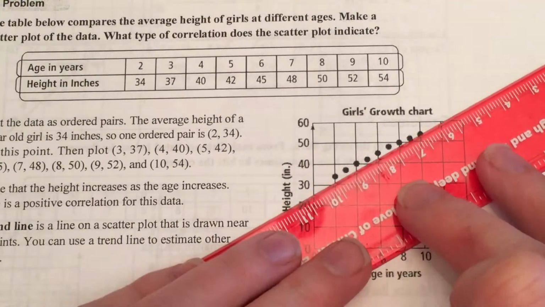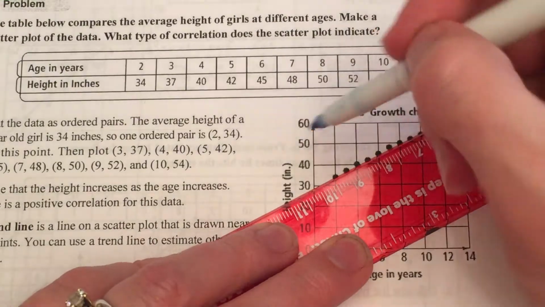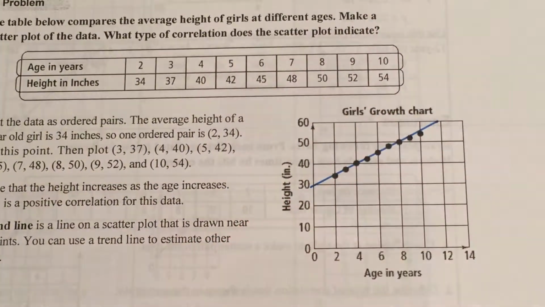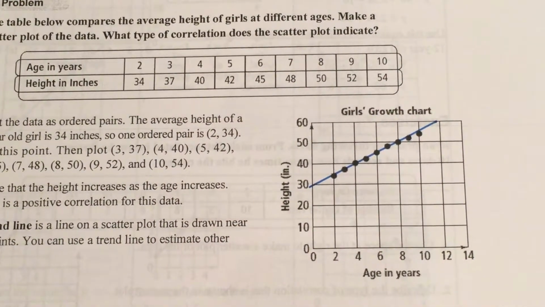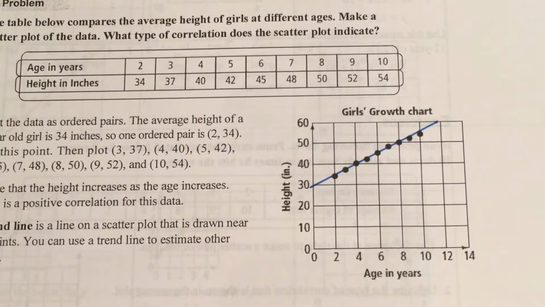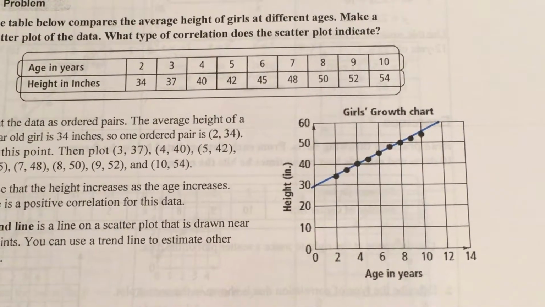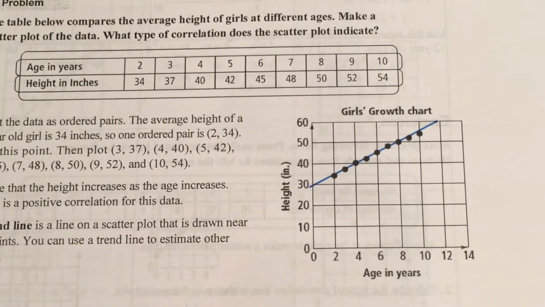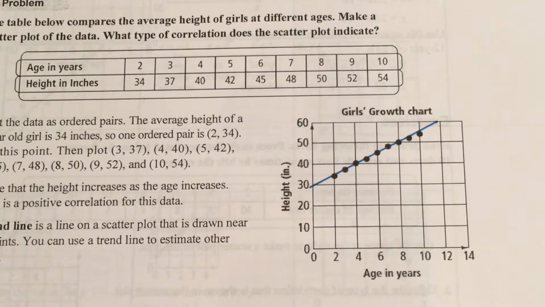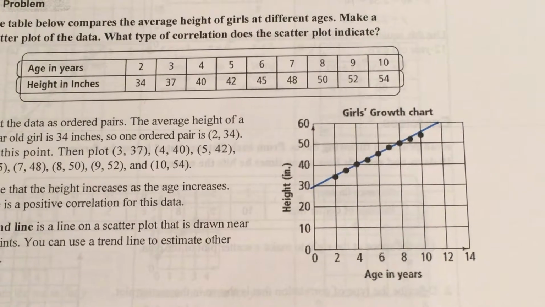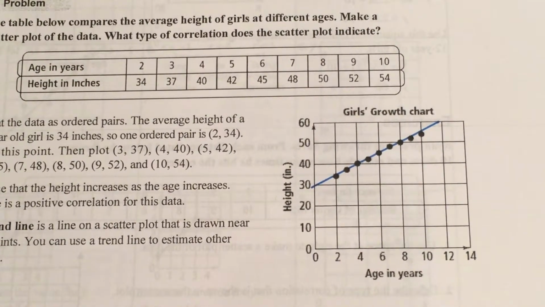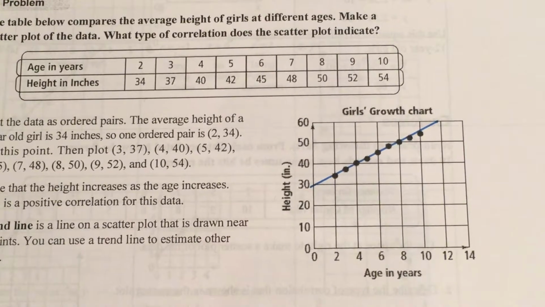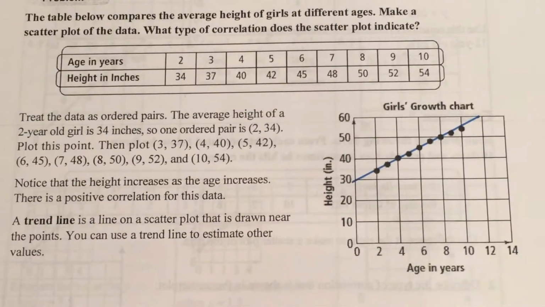So let's draw our trend line. There it is. And that list of calculator buttons on which page? Oh yeah, like your third page. On your third page, we had a list of calculator buttons. That's the list we're going to reference, okay?